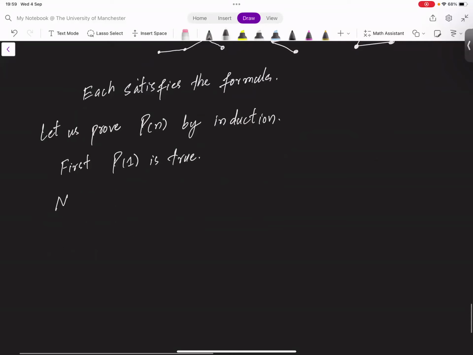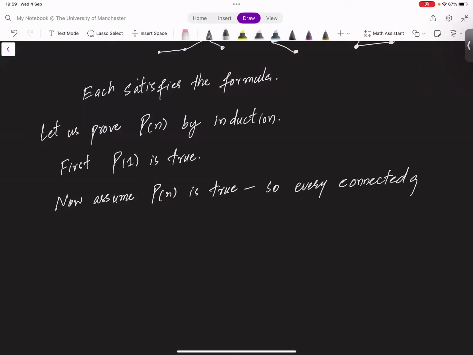Now, assume P of n is true, which means every connected graph with n edges satisfies the formula. We need to deduce P of n plus 1.